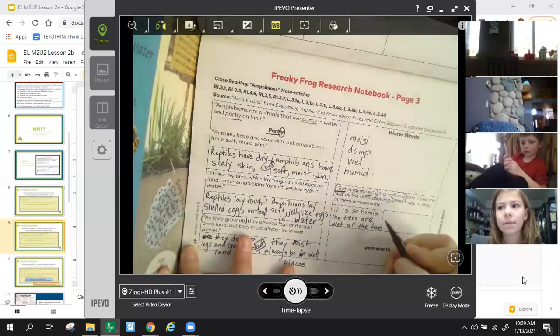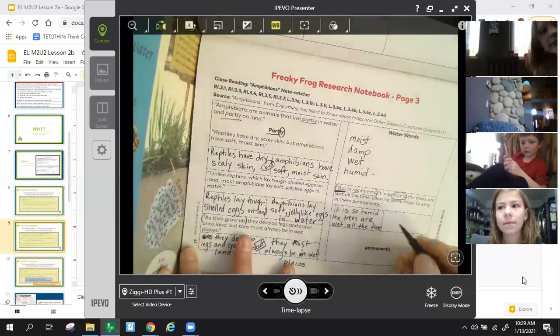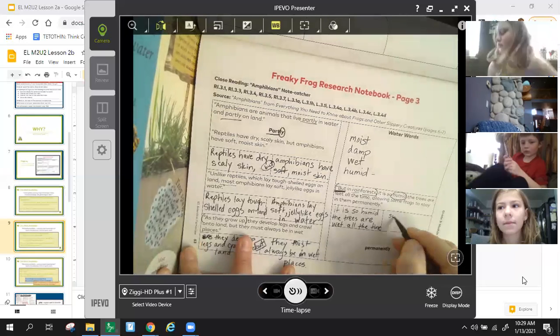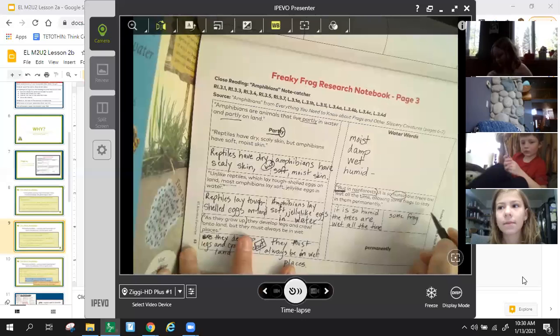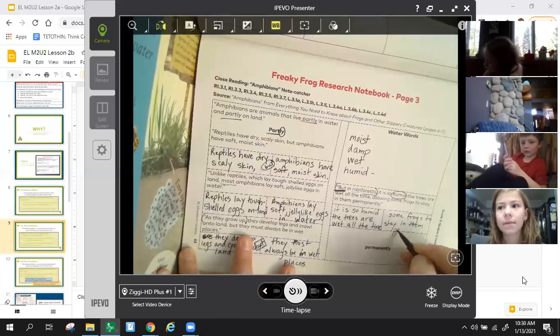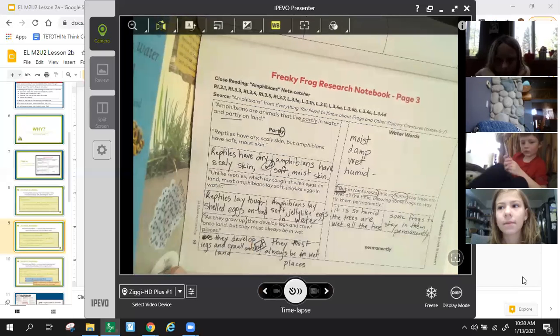All right. So I'm going to take that allowing word out for just a minute. Some frogs, because we're going to talk about what allowing means. We're also going to break that permanently down a little bit.